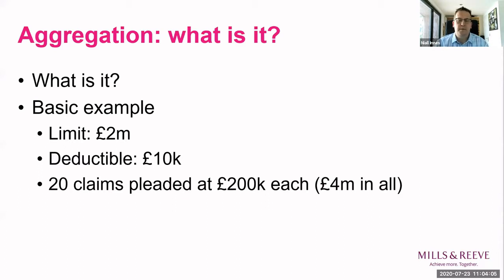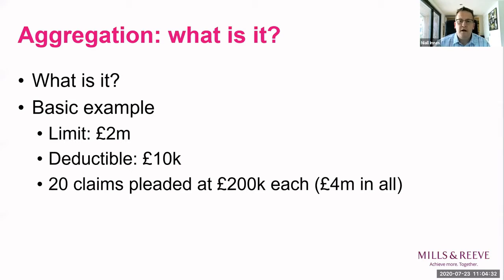So I think it's useful to use a pretty basic example just to show how this can be pretty significant. If you look at the facts there, you've got a simple circumstance. There's a limit under a policy of £2 million. There is a deductible of £10,000, and facing the insured are 20 claims, each put at around £200,000, so totaling £4 million.